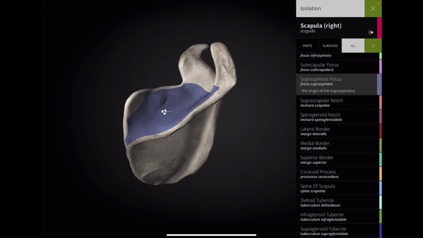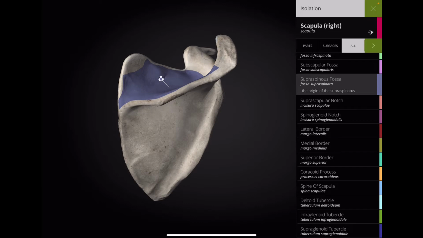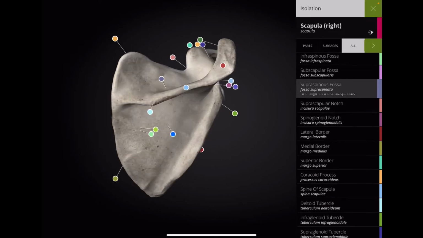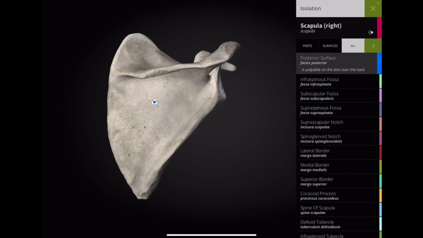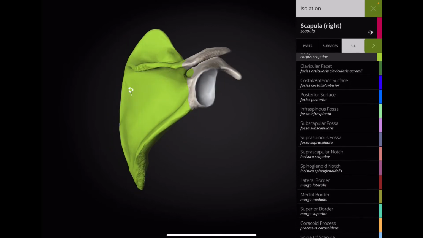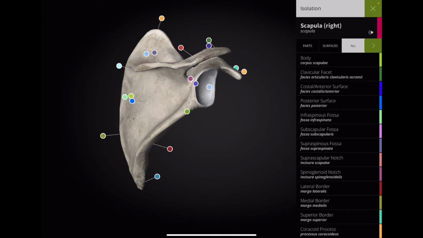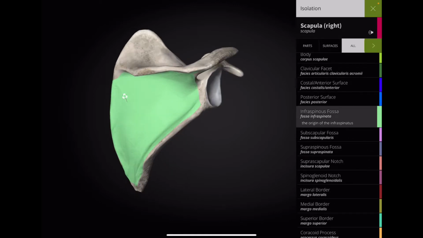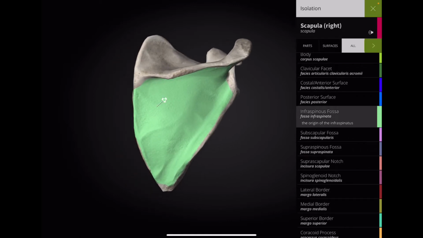We get the supraspinous fossa, which is the origin for the supraspinatus muscle. And we also get the infraspinous fossa, which is this one over here. So for the infraspinous fossa, you get the origin of the infraspinatus muscle.